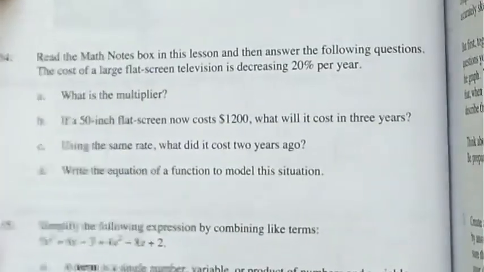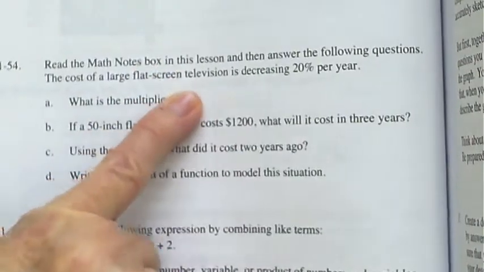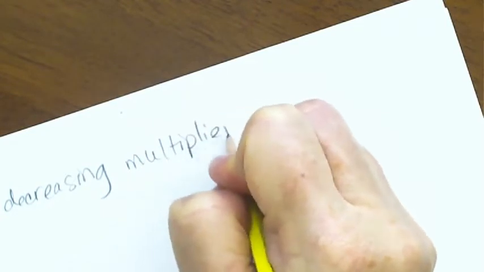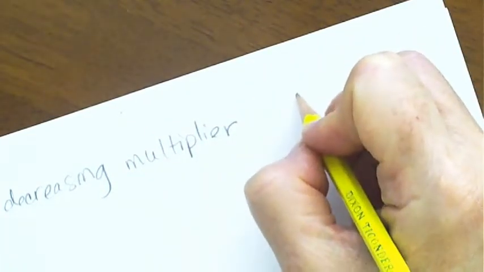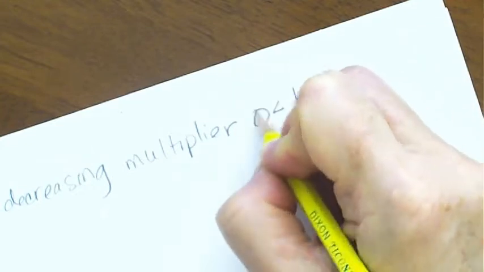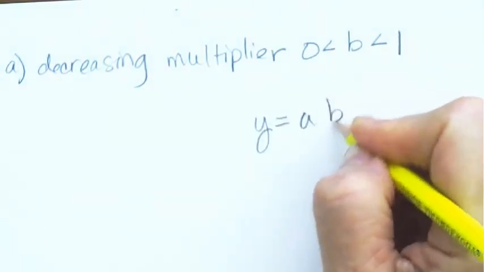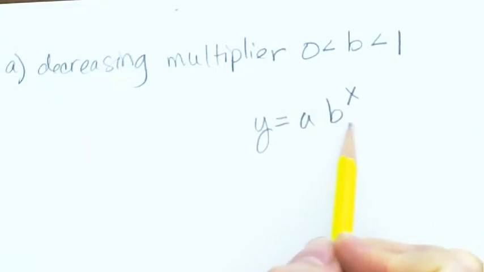For 154, we have that the cost of a large flat screen TV is decreasing 20% per year. Okay, so if it is decreasing, then the multiplier B is going to be between 0 and 1. So when I'm trying to figure out what B is, I know if it's decreasing, this should be smaller than 1 and bigger than 0.